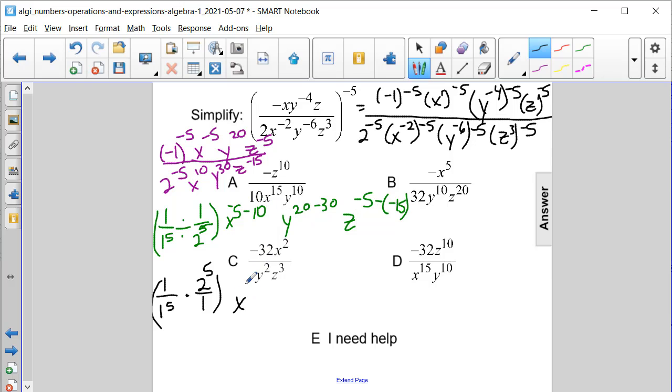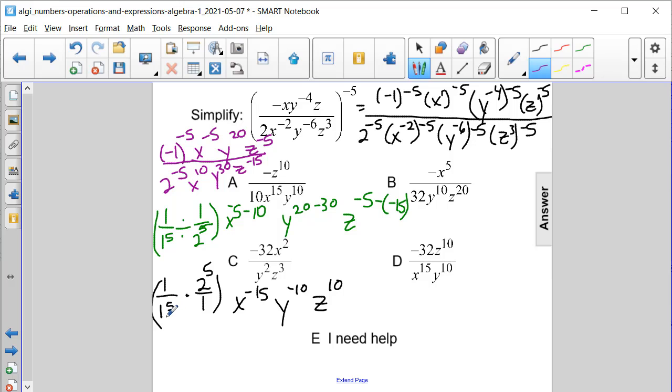So we have x to the negative 5 minus 10 will be negative 15. Y to the 20 minus 30 is negative 10. And z to the negative 5 minus negative 15, it's going to be negative 5 plus 15, which will give us positive 10. And then we can evaluate our numerical expressions that we have here.